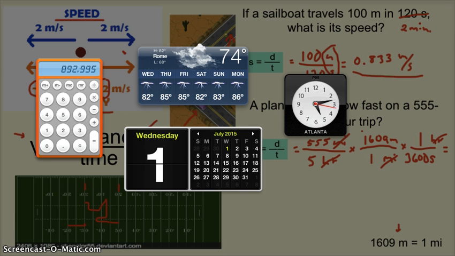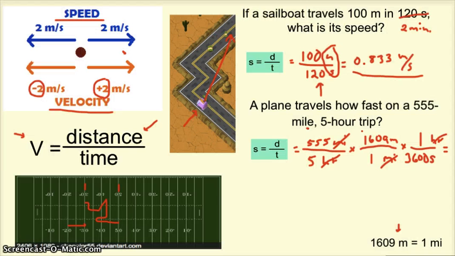That is 892,995. I'll put it down here just because I'm going to run out of time. 892,995 over, and now I'll have to multiply 5 times 1 times 3,600. Maybe I'll have time on this video to do that.